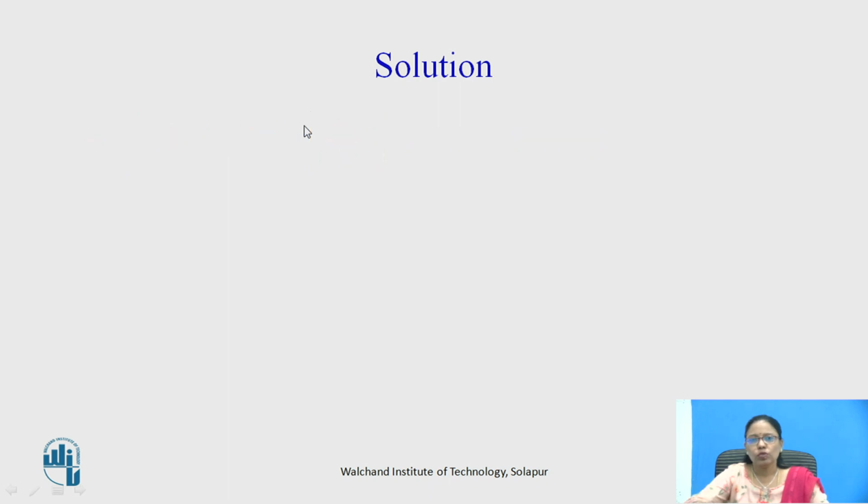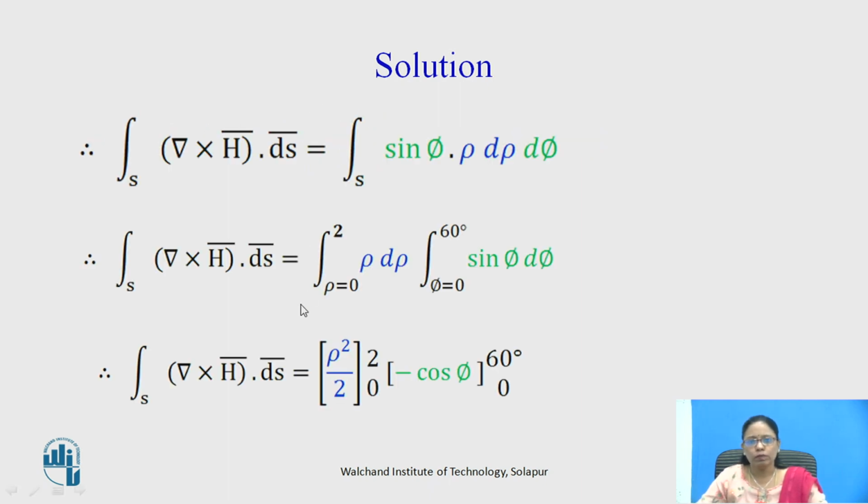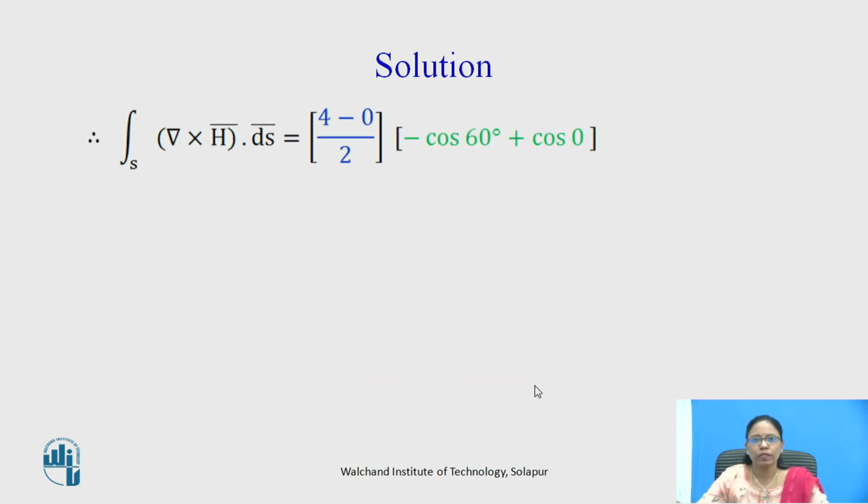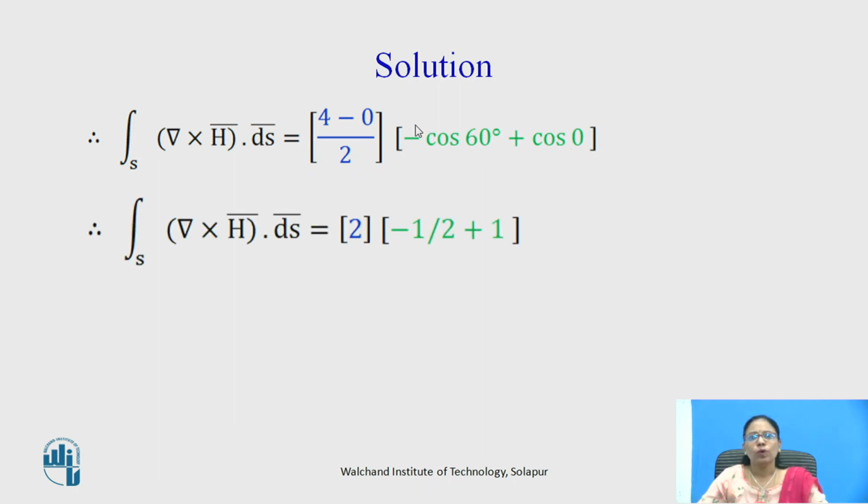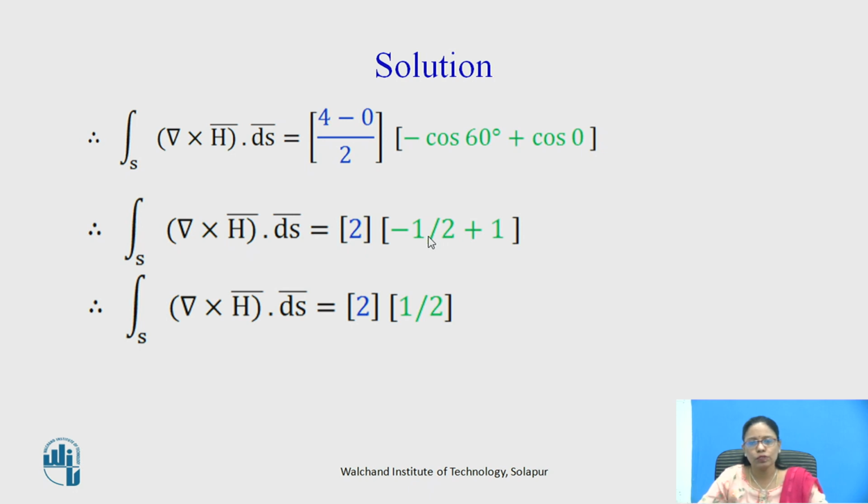So rho square by 2 gives 4 minus 0 divided by 2, and here it is minus cos 60 degree plus cos 0. So 4 by 2 is 2, cos 60 is 1 by 2, and cos 0 is 1, so this results in 1 by 2, and this is 2.